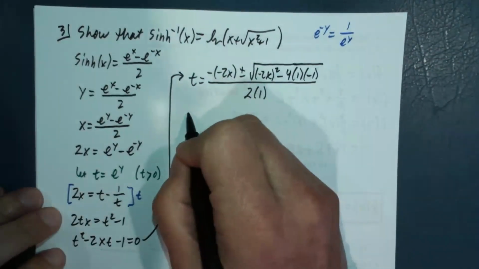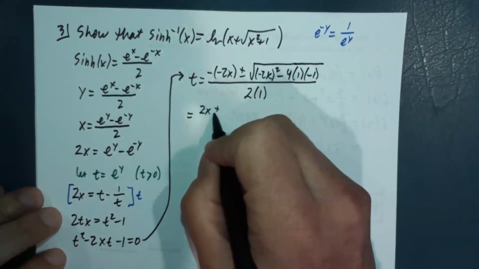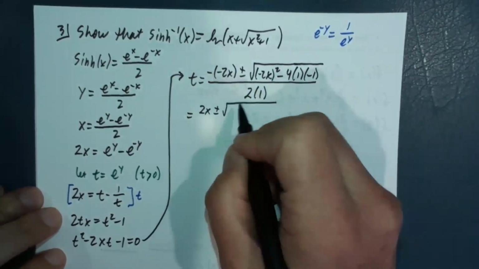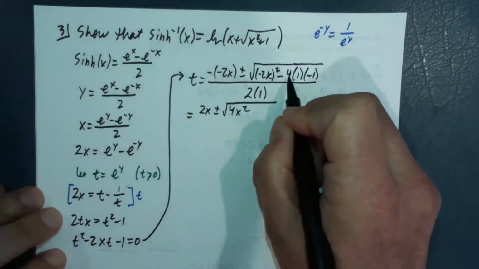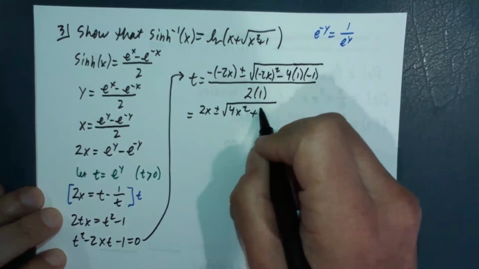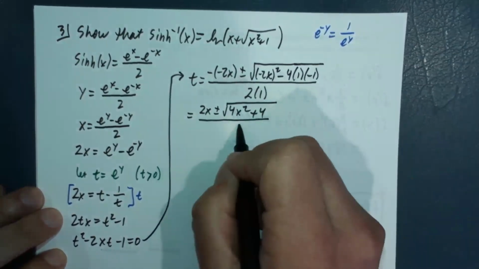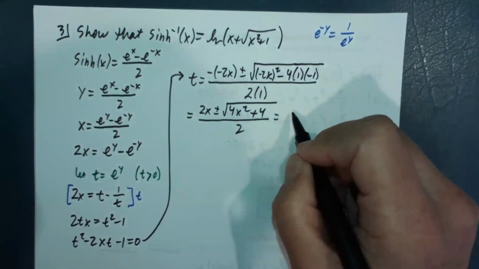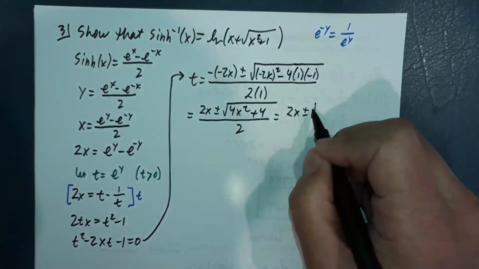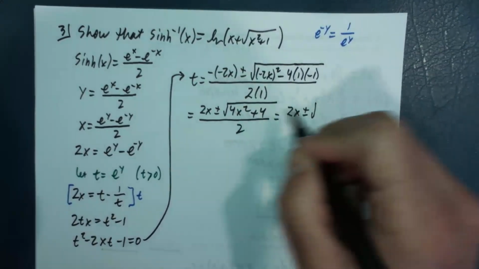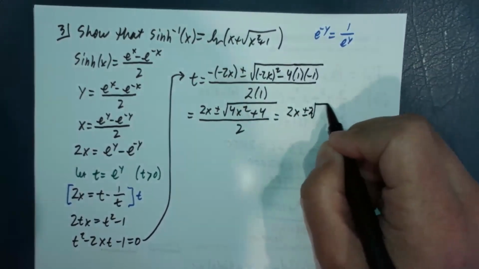All right, so we have 2x plus or minus the square root of 4x squared. Remember, when you square a negative, it becomes positive, and negative 4 times negative 1 becomes plus 4. I'm going to pull a 4 out, so that becomes a 2 there.